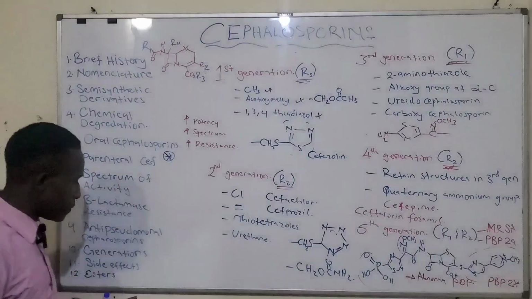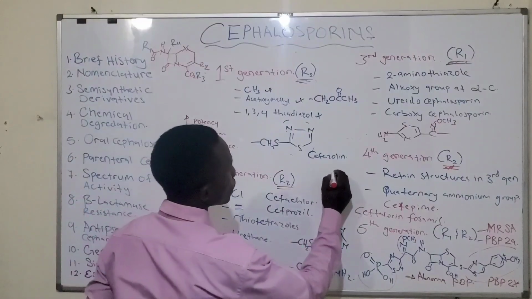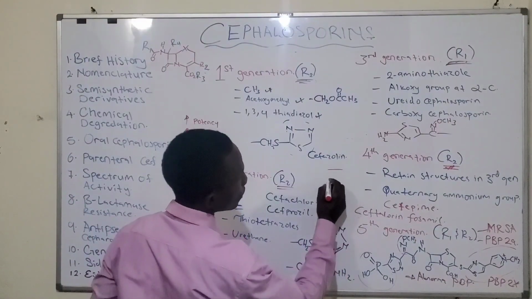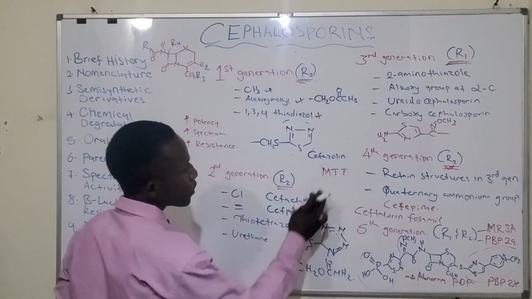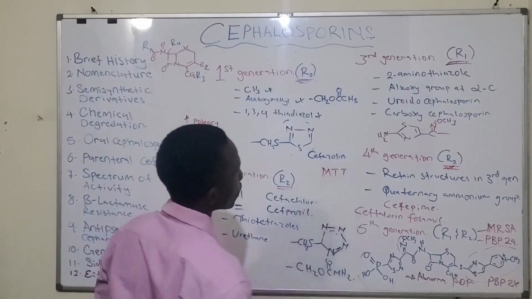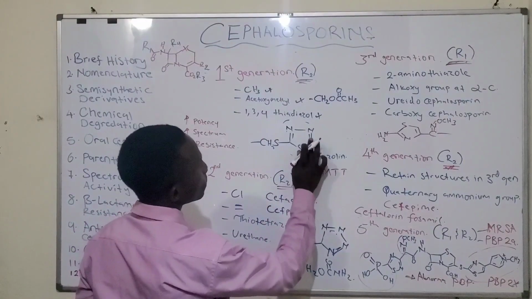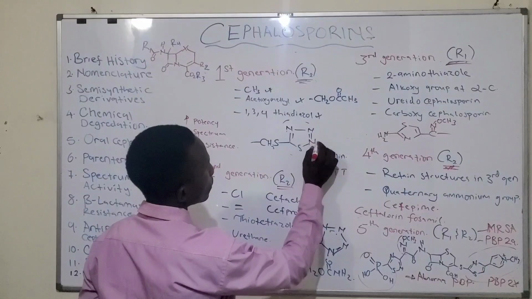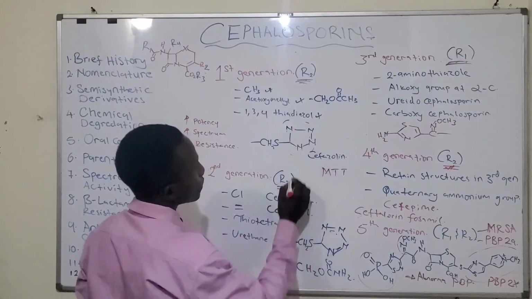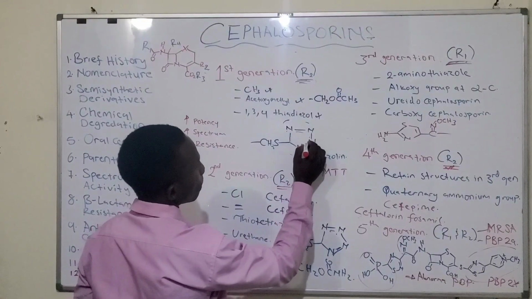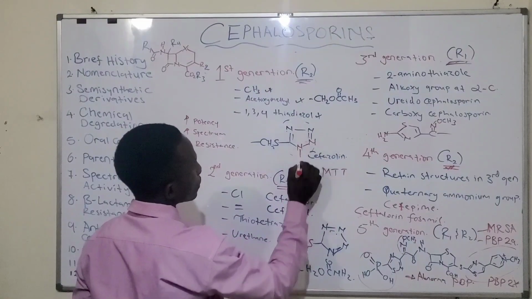Now, about the side effects of cephalosporins, the presence of this group, the MTT, methylthiotetrazole. It's like this.